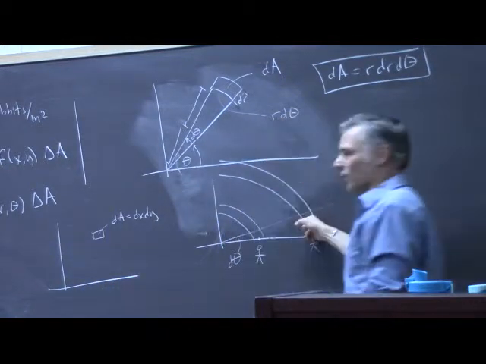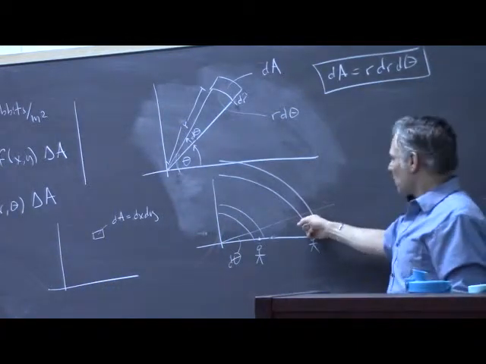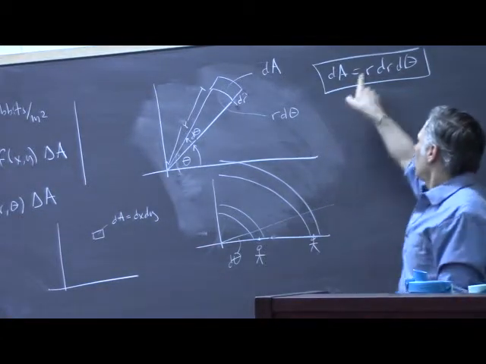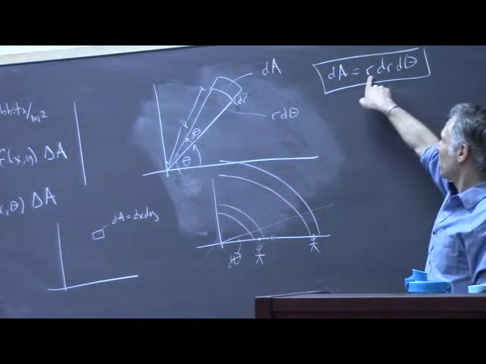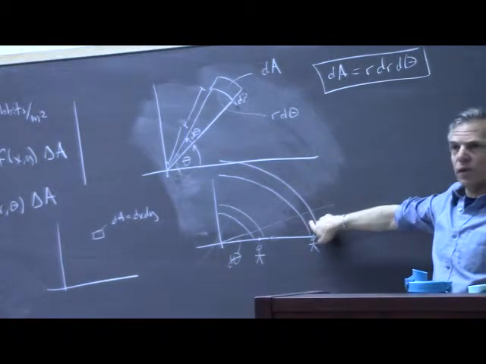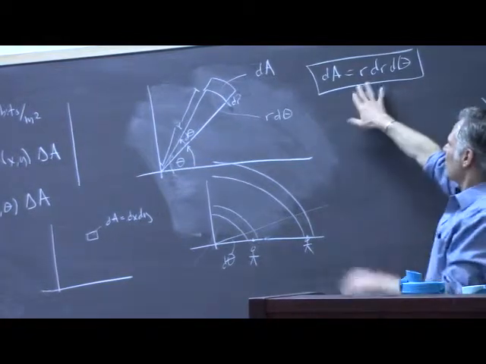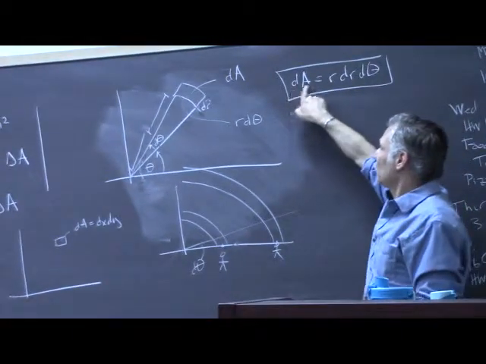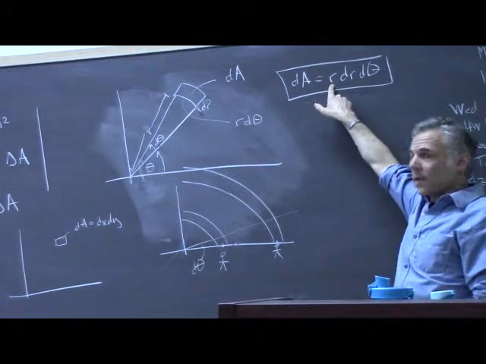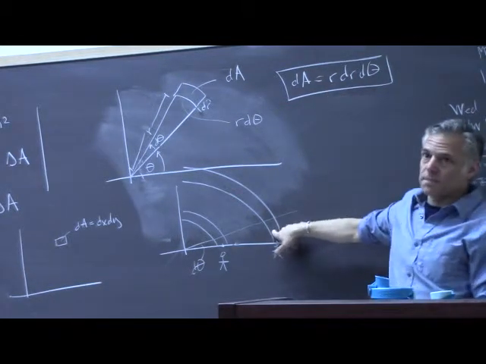And your friend takes 10 degrees, step forward, and then you compare notes, and you're like, hey, my area is bigger. Right? So this person's going to have a bigger area because her R is bigger, and you can just see it on the diagram. So what I'm trying to suggest is that the area of the little rectangle is no longer a constant. It depends on R. It's a bigger area if you're farther away.